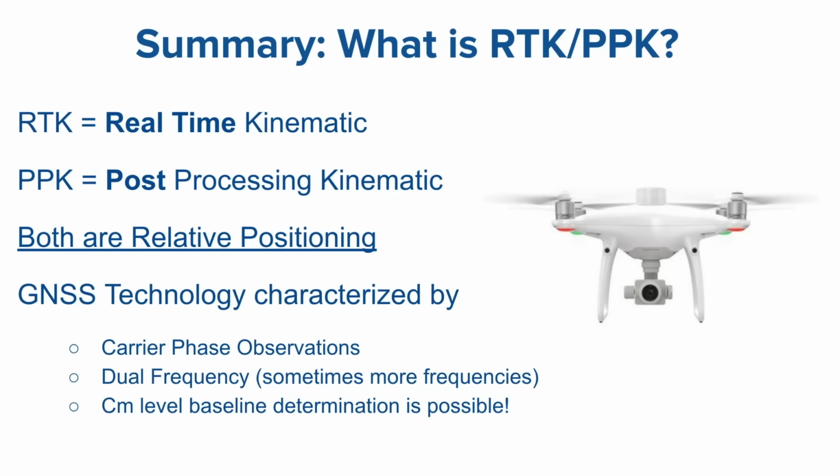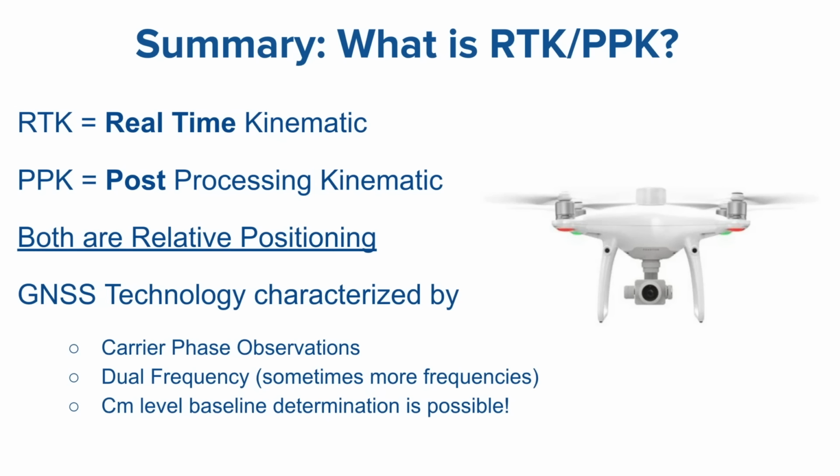So the summary, what is RTK and PPK? RTK is real-time kinematic. Everything's in real time, and you're sending corrections over the radio. PPK is post-processing kinematic. Generally, most of the time you're going to be utilizing PPK, post-processing after the flight.